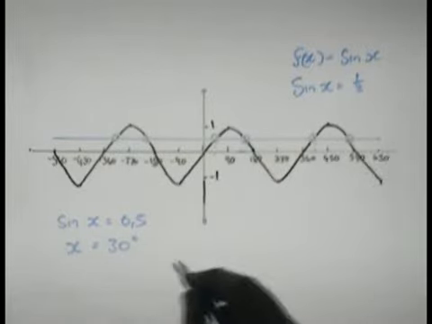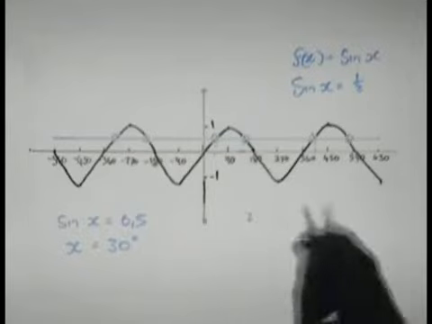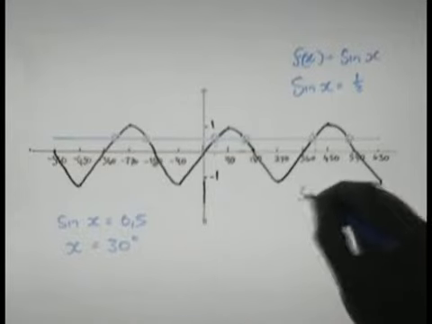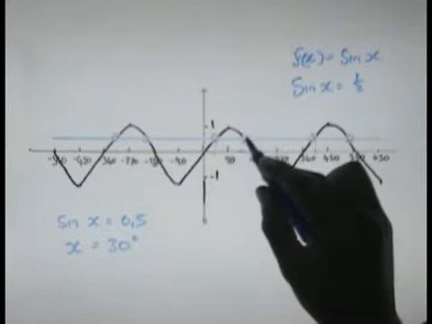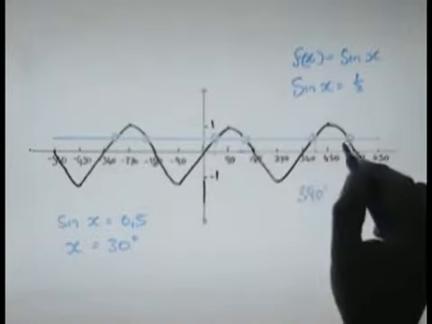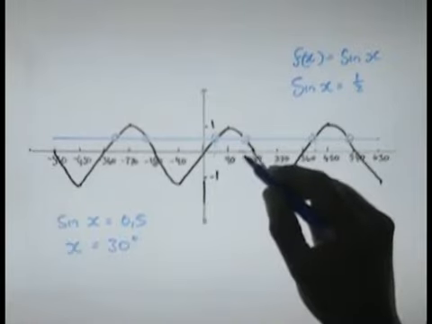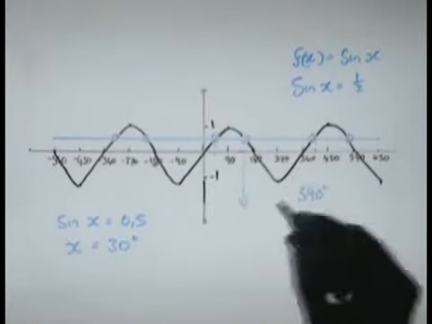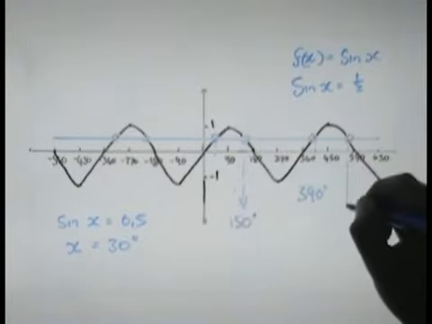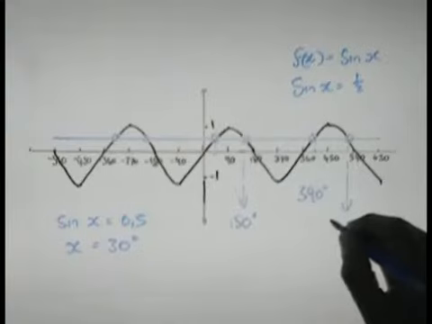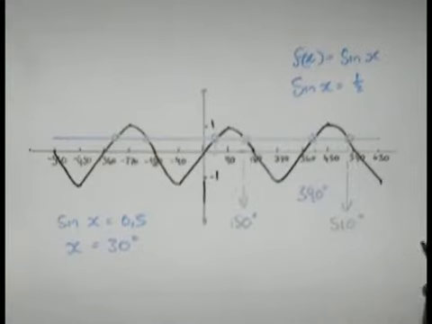There's over here, which is going to be 390 degrees. There's over here and over here, which I'm not yet taking into account. In fact, I will. This one is going to be 150 degrees. This one here is going to be 510 degrees.